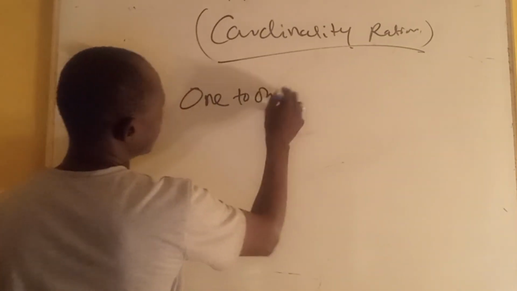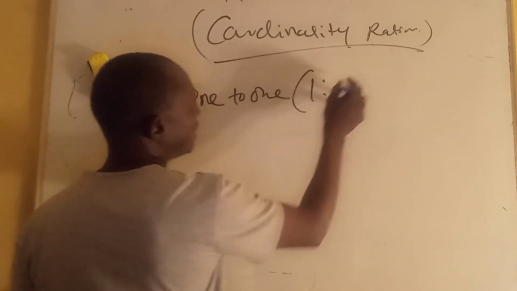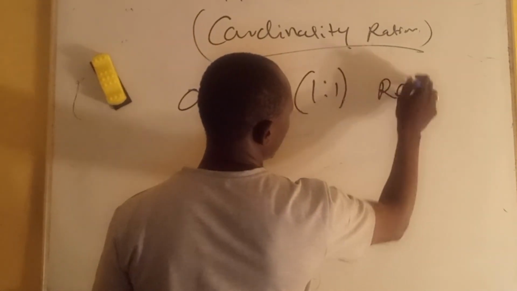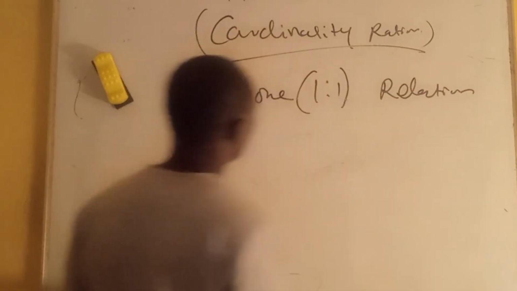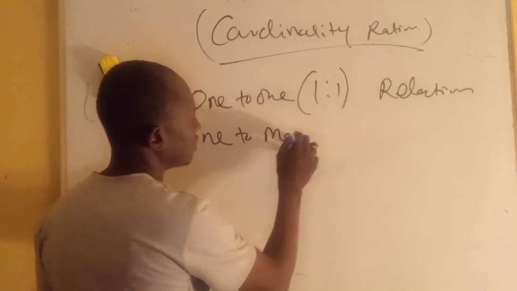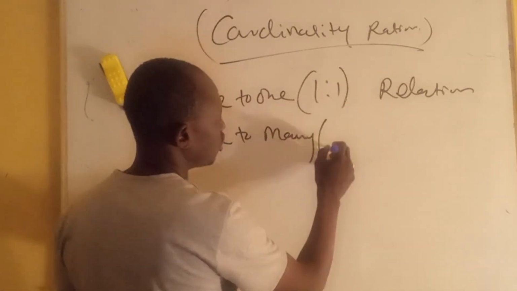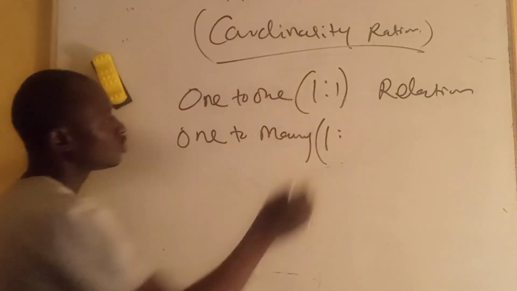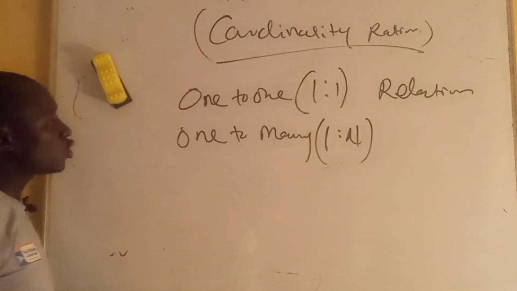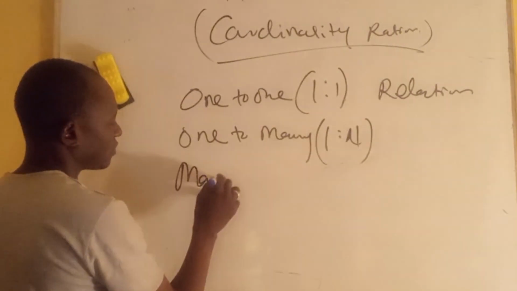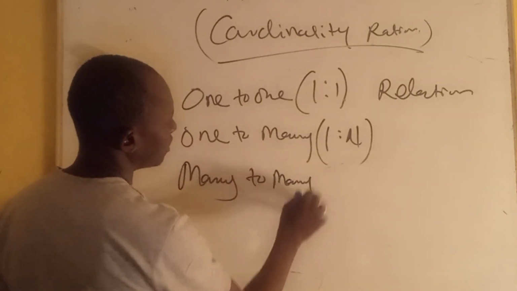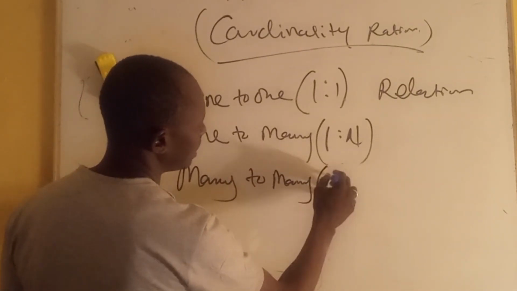So we have what we call one-to-one relationship. We have one-to-many relationship, denoted as 1 to n, right? So we also have many-to-many relationship.